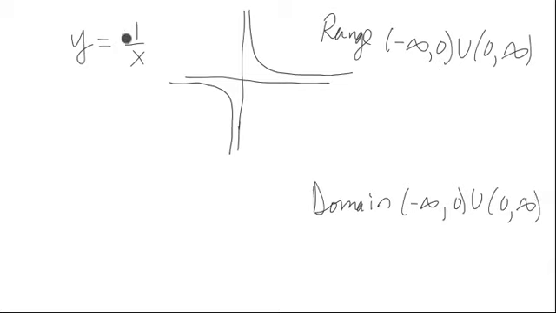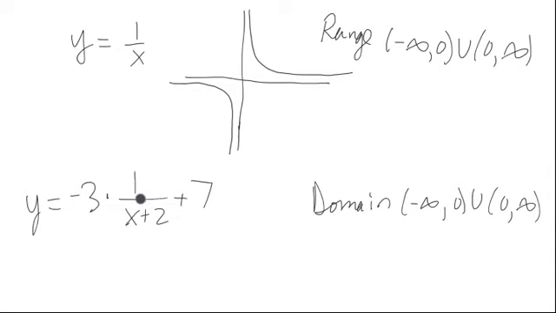Let's do some transformations here. What if we had a function such as y is equal to negative 3 times 1 over x plus 2, plus 7, say. Take this function here.